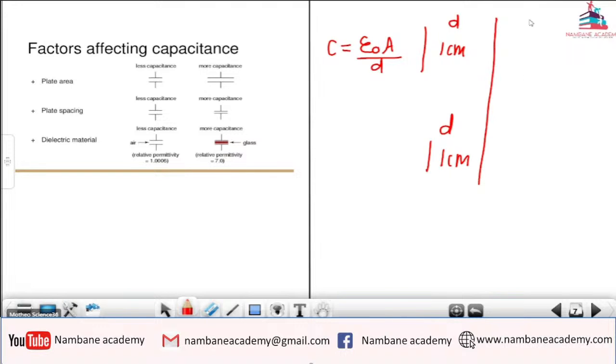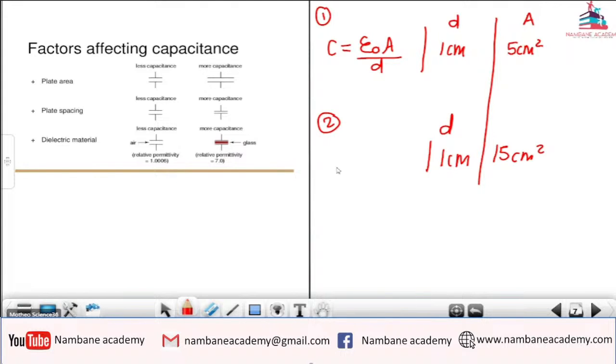Then the area of this first capacitor, capacitor 1 and capacitor 2, is, let us say, 5 centimeter cubed, and this one is 15 centimeter cubed. This is the plate area that we're talking about.